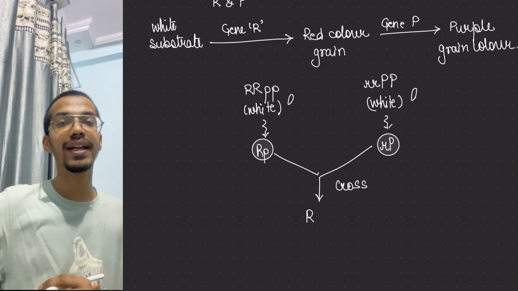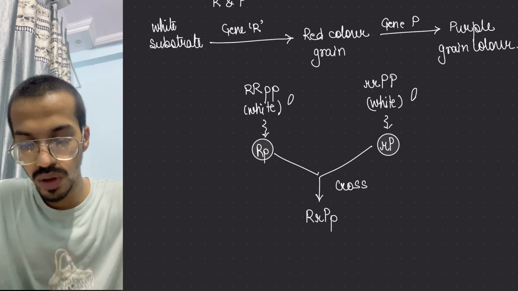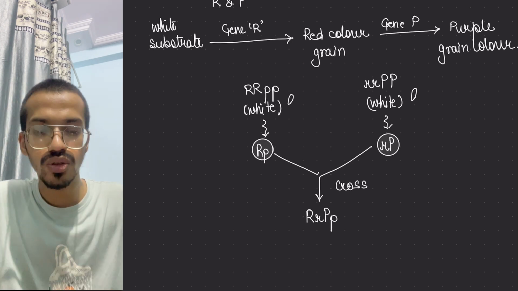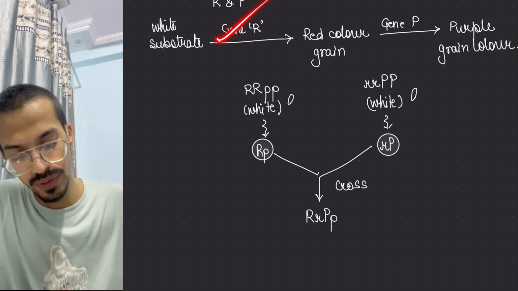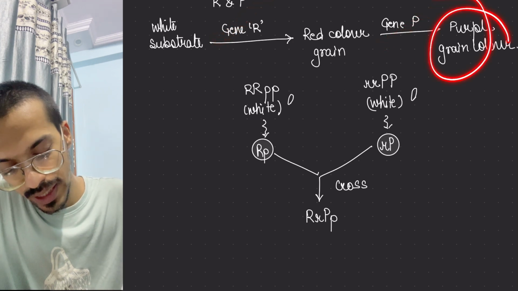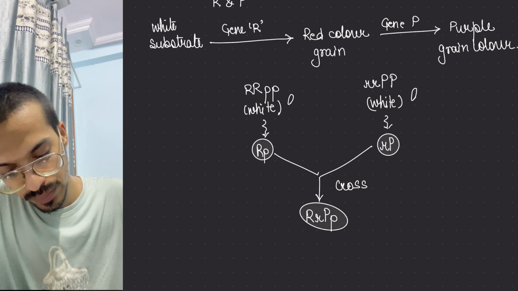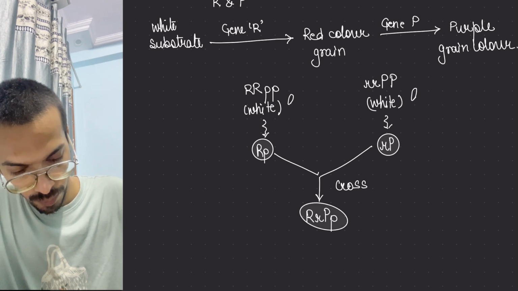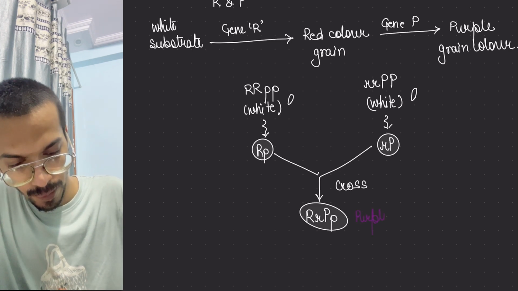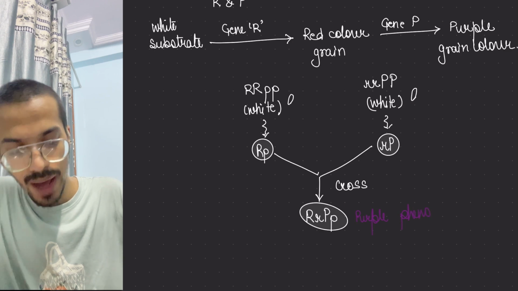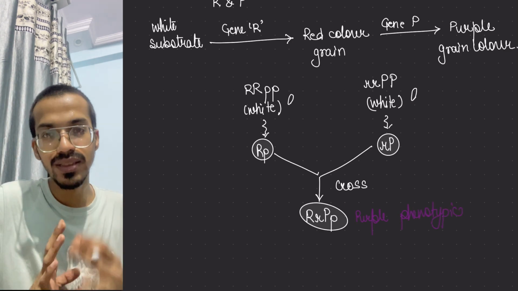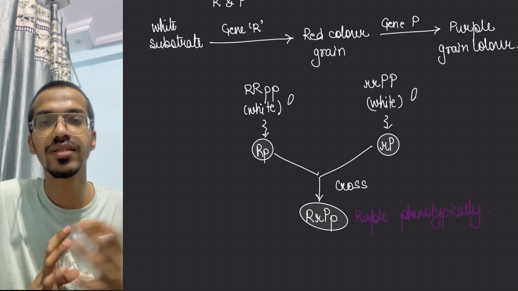Now it has capital R also, capital P also. Means which color will come? Purple color will come. So this grain would be purple. So what happened? It has supplementary, means extra effects coming up.